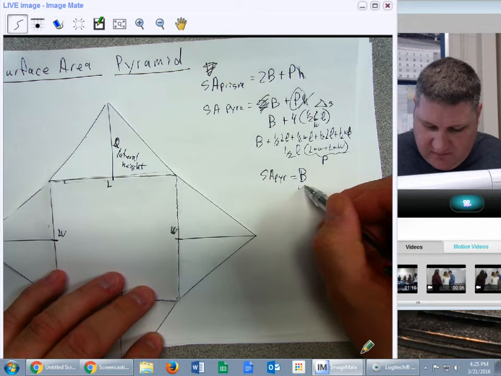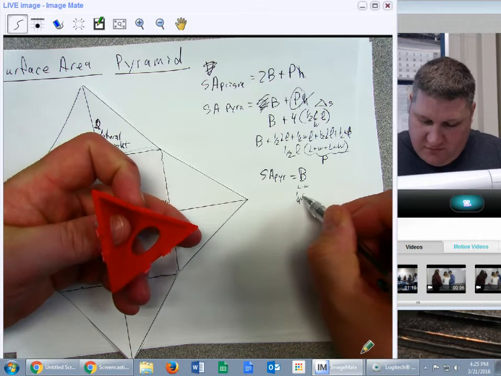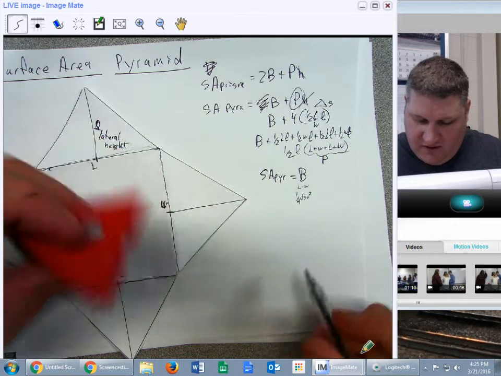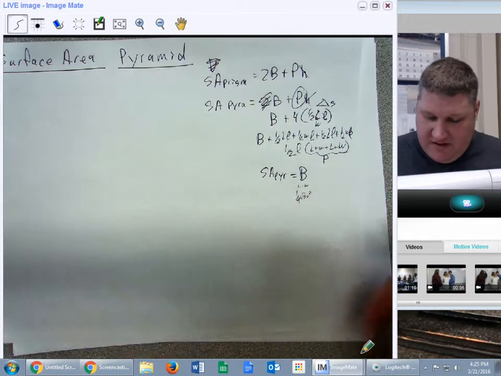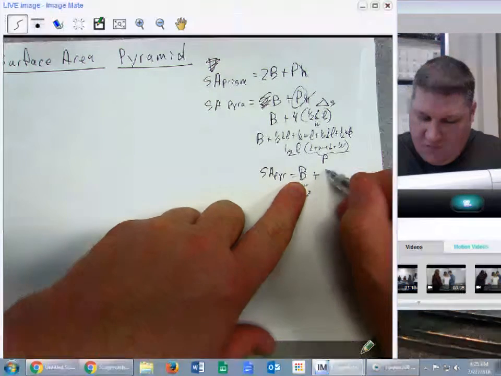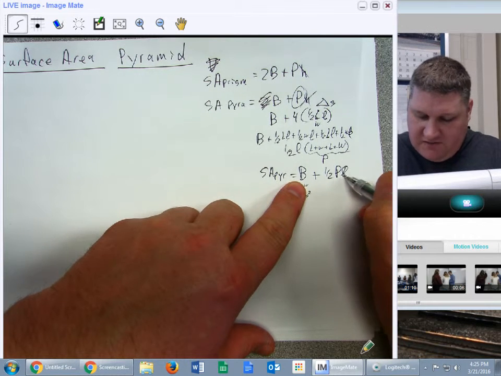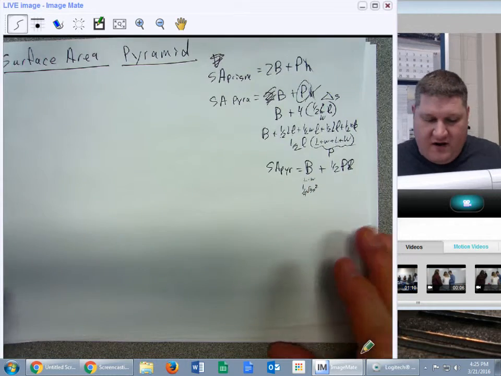It could be length times width, could be 1/4 square root of 3 times the side squared if it's an equilateral triangle, doesn't matter. And you have base plus 1/2 PL, lowercase l or cursive L, 1/2 PL.